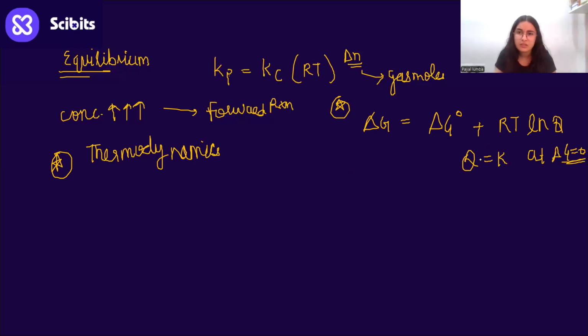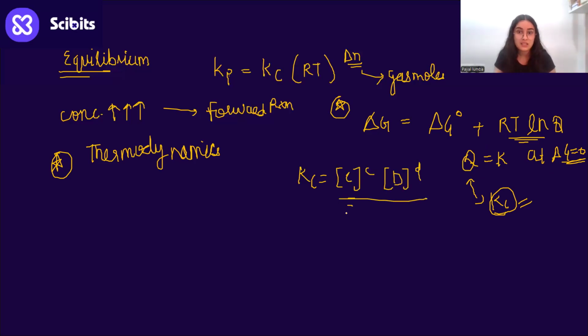Okay. This is pretty important. This is the equilibrium constant, Kc, most of the time it is Kc. And you can calculate this Kc as the products' concentration divided by the reactants' concentration. You can expect one question from this.